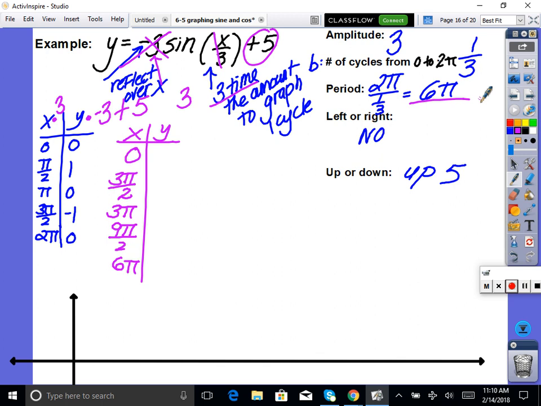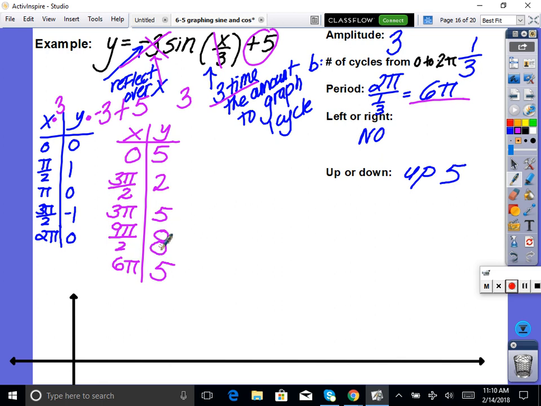Look, length of one cycle. Now 0 times negative 3 is 0 plus 5 is? Okay, anytime there was a 0, there'll be a 5. So wouldn't that be here? And here. All right, 1 times negative 3 plus 5, 2. And then negative 1 times negative 3 plus 5, 8. So we're just plotting those points.